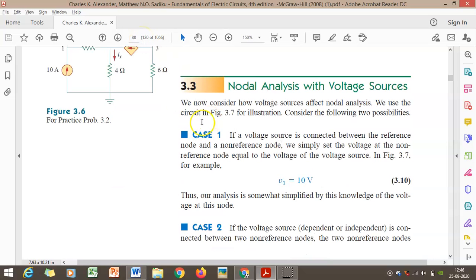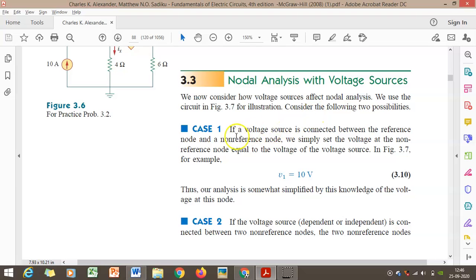Here you have a different topic called nodal analysis with voltage sources. In this, we have case 1. In case 1, if the voltage source is connected between the reference node and a non-reference node, we simply set the non-reference node voltage equal to the voltage of the voltage source. I mean, the non-reference node voltage will be set equal to the voltage given in the circuit.